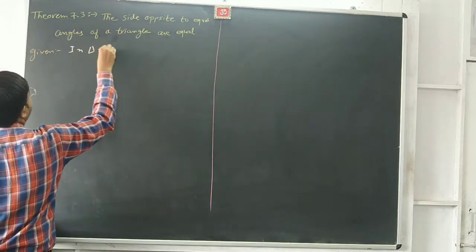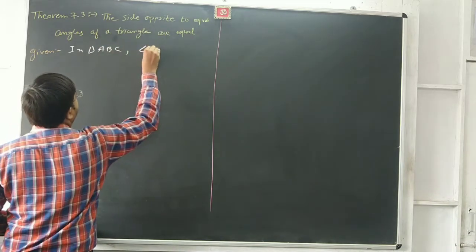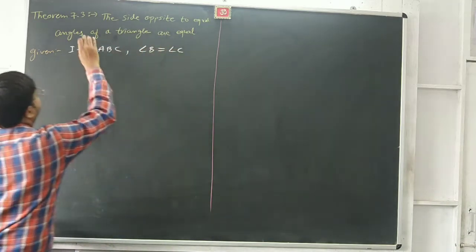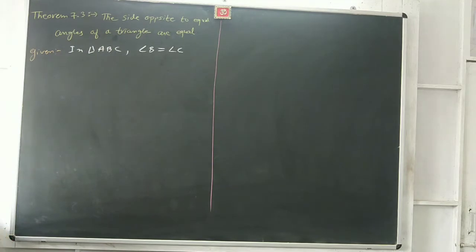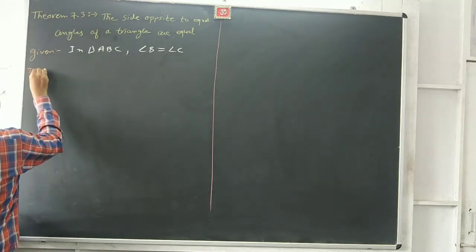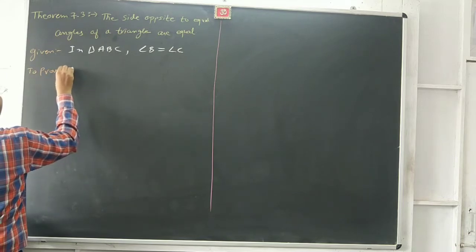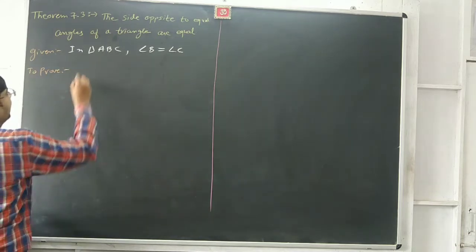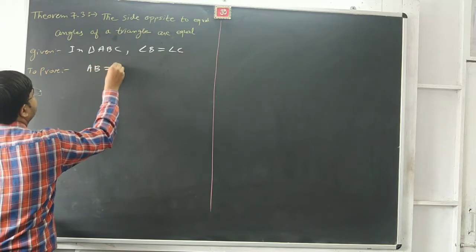In triangle ABC, angle B is equal to angle C. Okay, angles are equal. We have to prove AB is equal to AC.